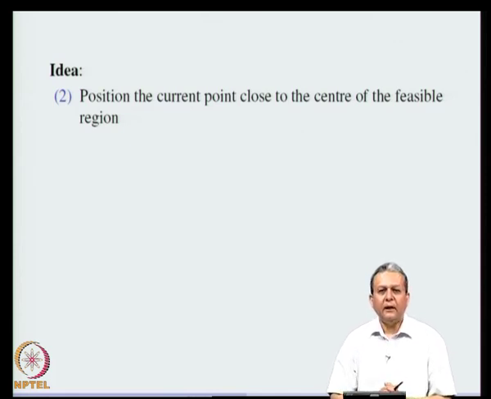Now, the second idea that is used in the affine scaling method is the positioning of the current point close to the center of the feasible region. So, the current point x k in the x space can be projected using some transformation T to a point which is close to the center of the feasible region.